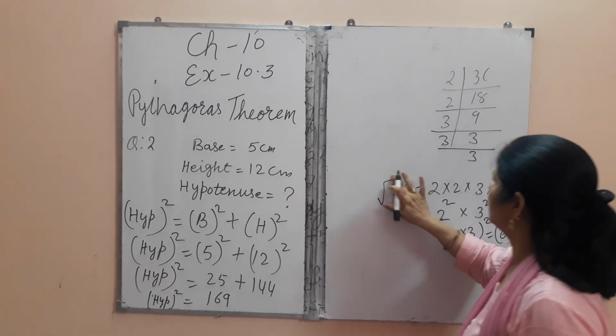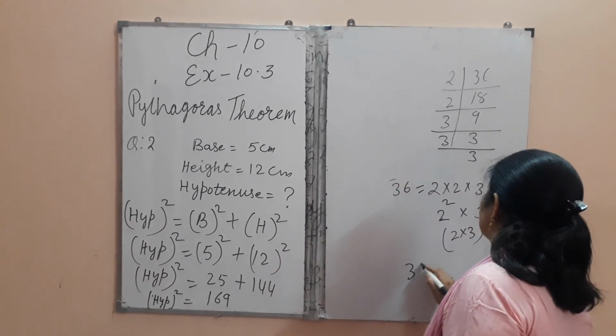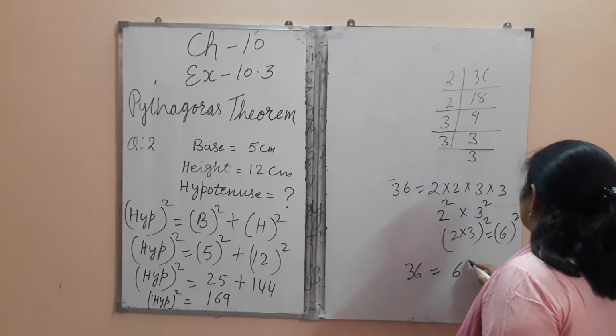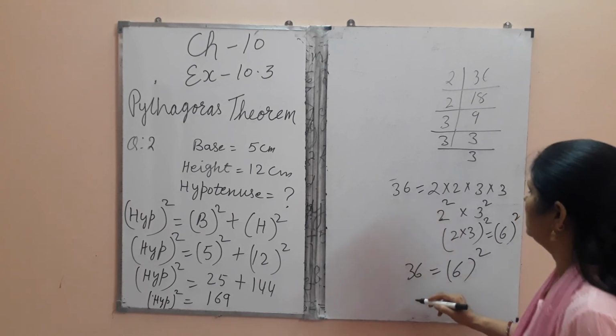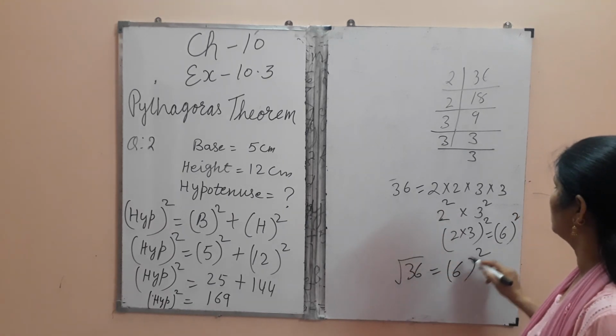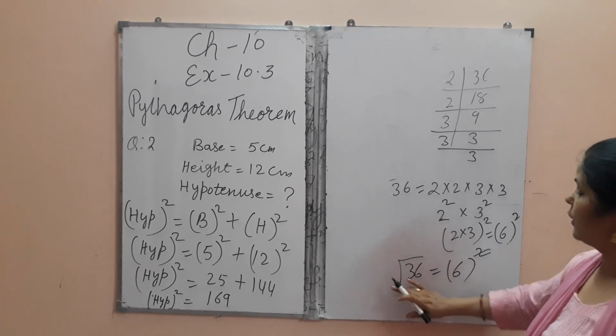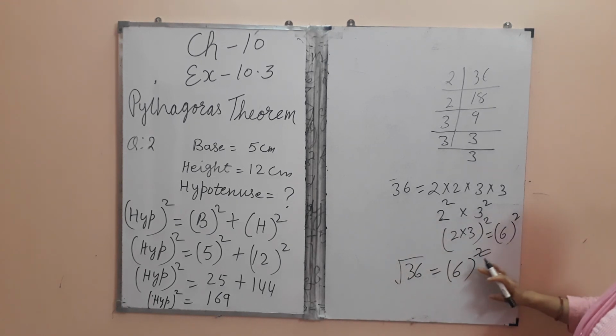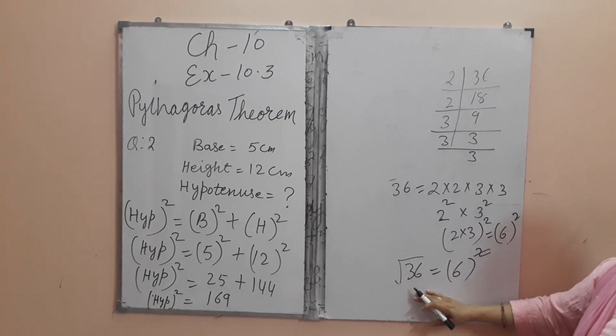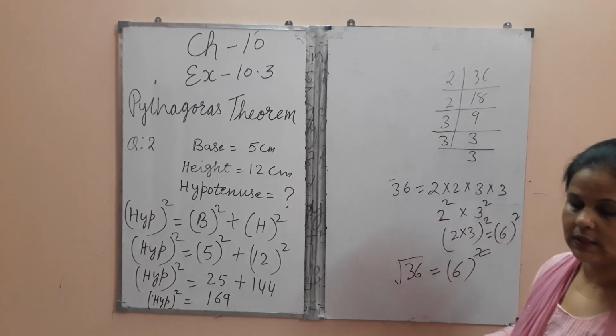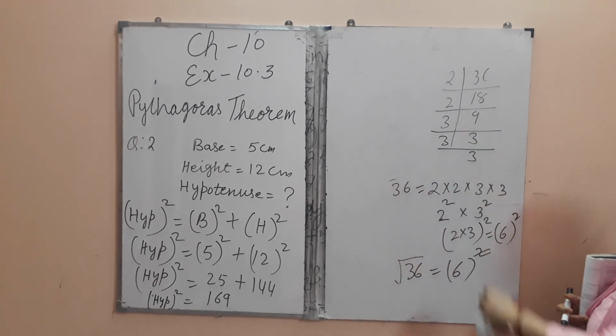So 36 is equal to 6 square, and if we find the square root, then it is equal to 6. Square root of 36 is 6, or 6 square is equal to 36. Understood? So like this you have to find out the square root.